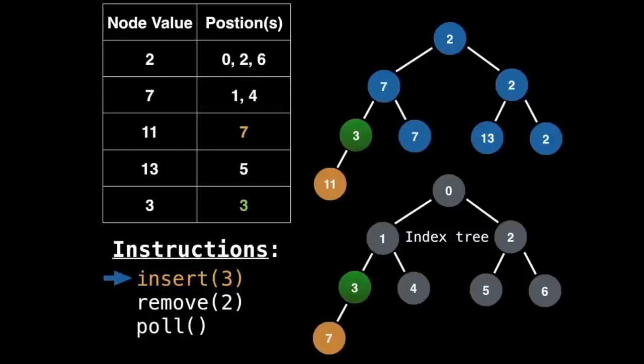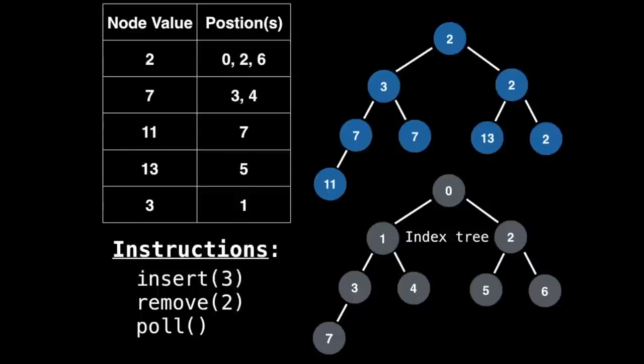Now swap those both in the tree and in the table. Awesome. Now the heap invariant is still not satisfied, so do a similar thing for the node above. We grab the parent and do a swap in the tree and the table. And now the heap invariant is satisfied. So 3 has been inserted successfully.